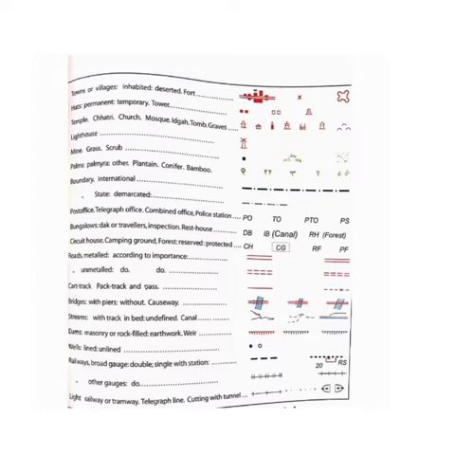In more detail, children, how do we know the meaning of these symbols? Symbols help us to understand the map more clearly. Many symbols are common on a map, and every map maker may have different symbols. Every map has a legend.